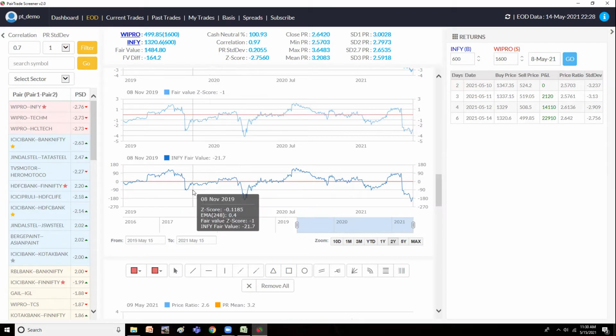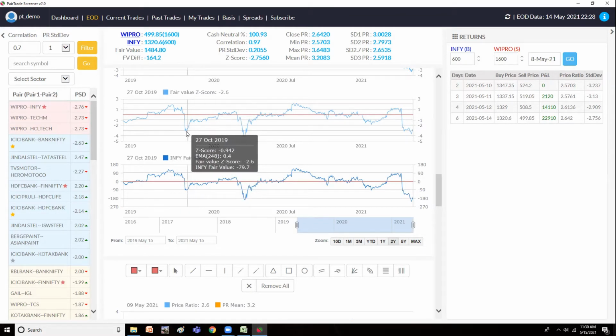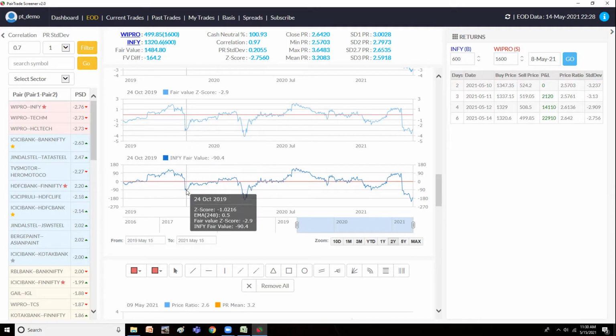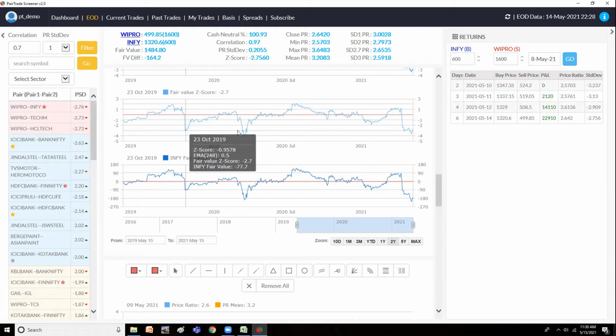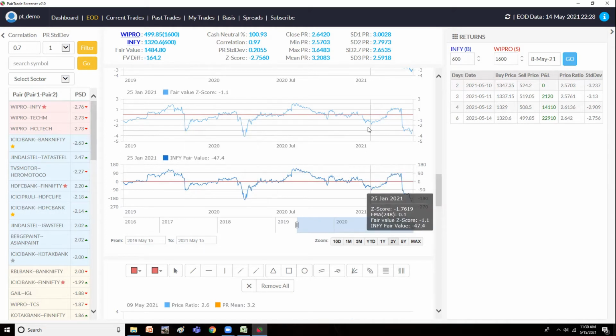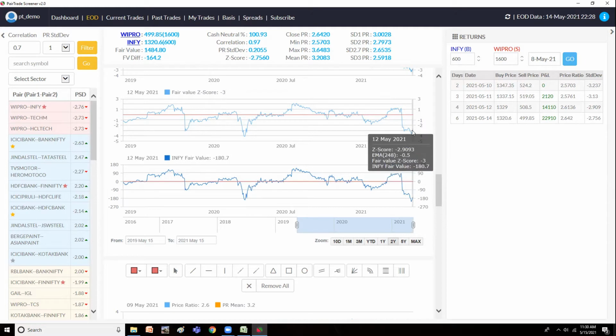Similarly, if you convert this into a z-score chart, it will also tell us, see here, even though it is at 90, it has come to 3 standard deviations, right? So here it is 90, but it has come to 2 standard deviations. Here it is at 180, it has come below 3 standard deviations.